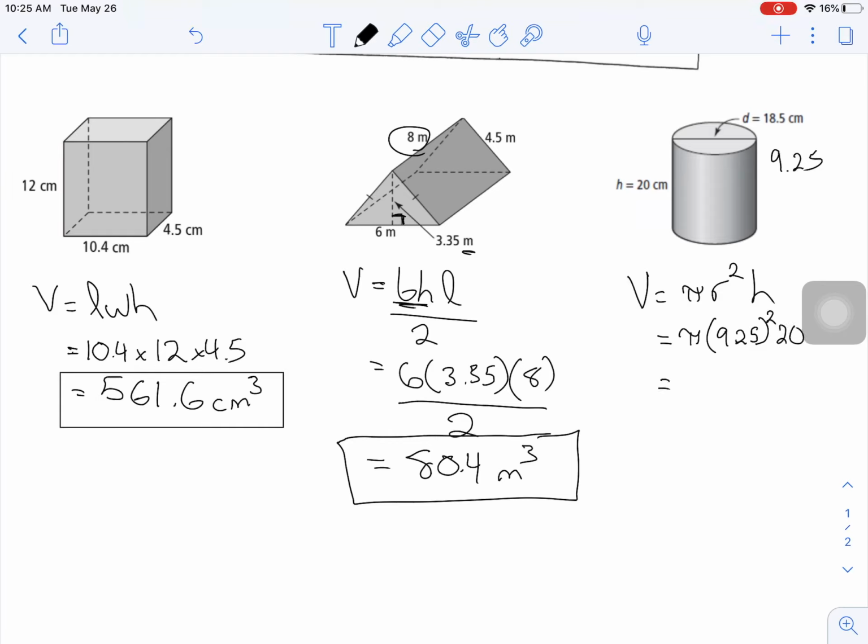So it's 3.14 times 9.25 squared times our height, which is 20, which is 5,373.33 centimeters cubed. And this is how we could find volume of a shape.